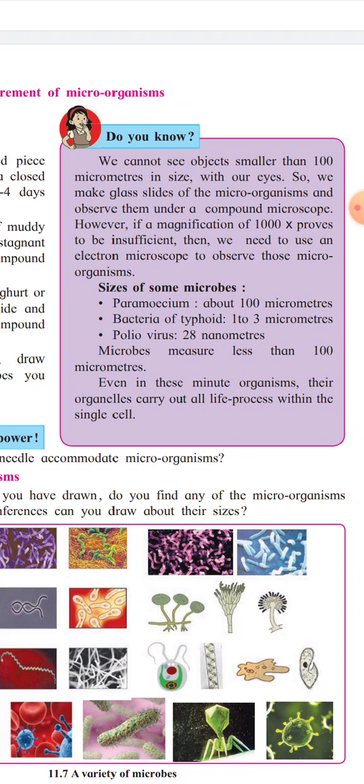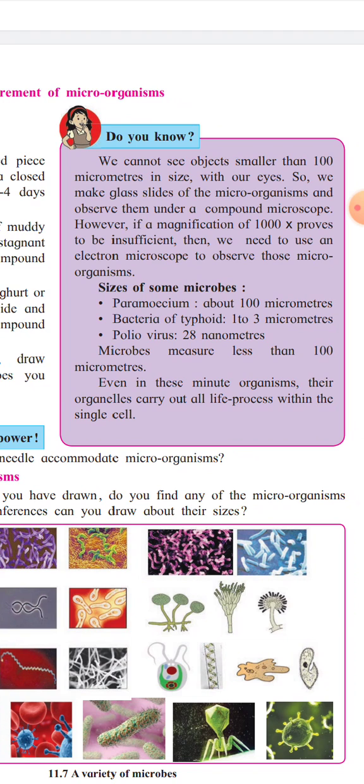So, we make a glass slide of microorganisms and observe them under a compound microscope. However, if the magnification of 1000x is insufficient, then we need an electron microscope to observe these microorganisms.